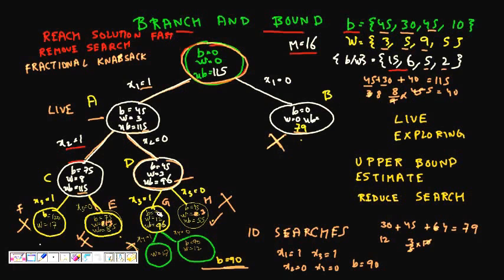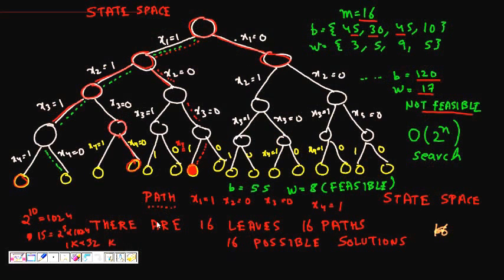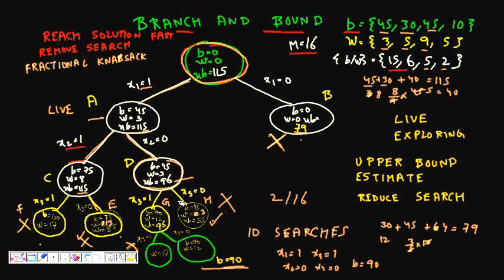How many leaf nodes did we find here? Just 2. So 2 by 16: there we were finding 16 leaf nodes, here we actually calculated just 2 leaf nodes. So see how much benefit you get, you are doing only 1 by 8 of the work. Branch and bound is so powerful that it only asked you to search 1 by 8th of the state space tree and it gave you the answer.